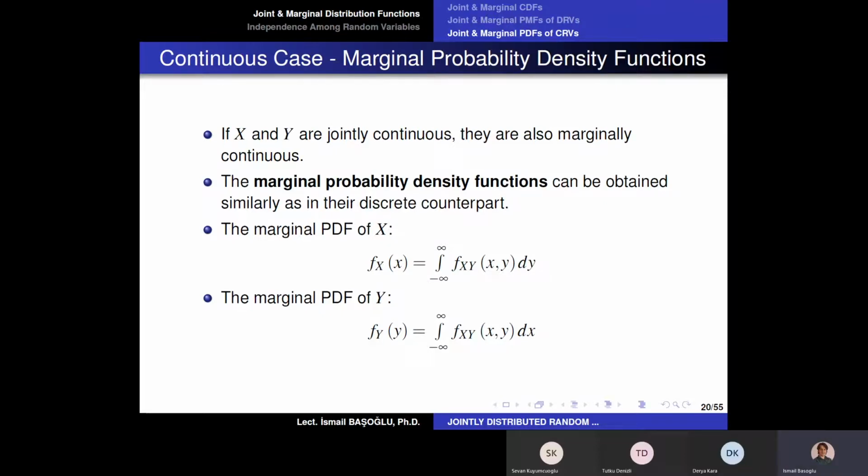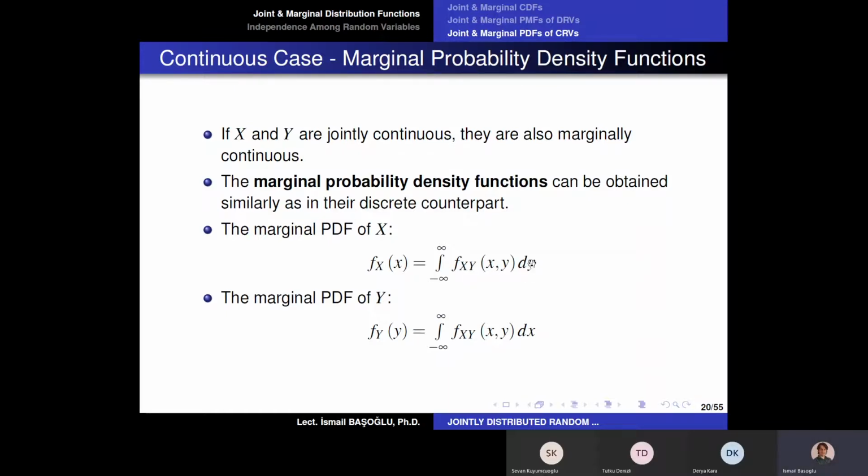So what we are exactly doing here is this. This function is a three-dimensional function. And if I am interested in the marginal PDF of x, I am basically squeezing that three-dimensional function into one dimension by integrating over y. So I am squeezing the function over the y-axis, okay?